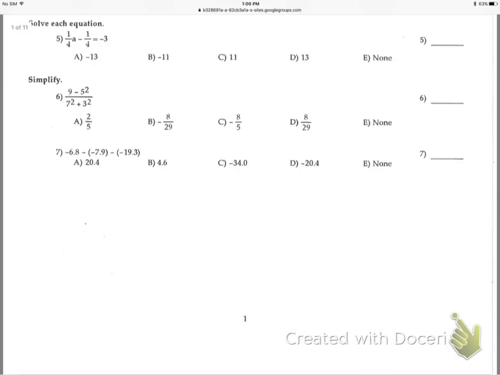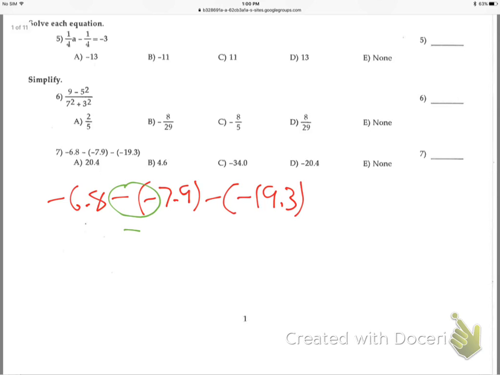All right. Number 7. Negative 6.8 minus negative 7.9 minus negative 19.3. What's the deal on that one? What do we got to do first? Yeah, the double negative thing, switch the signs, right? That's really what they're testing on this one.